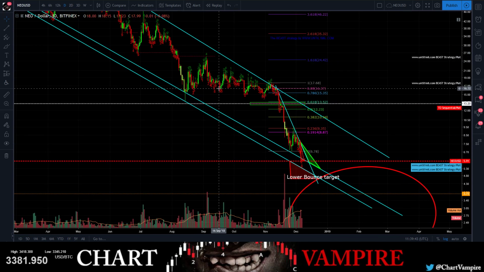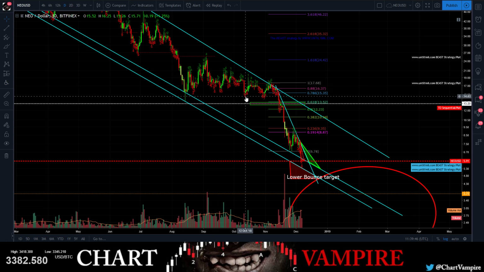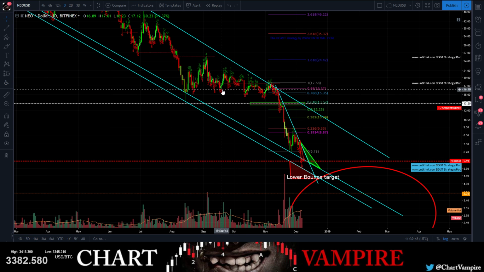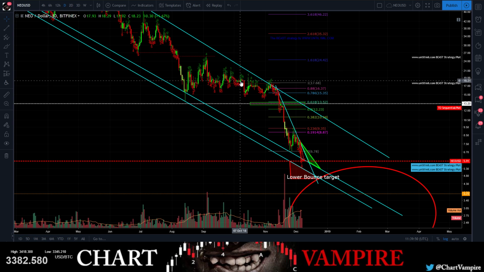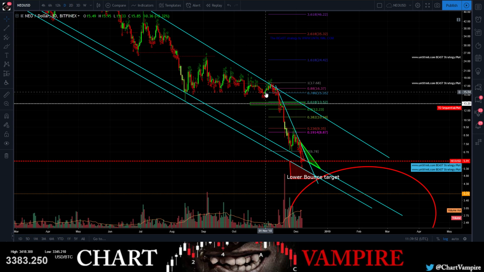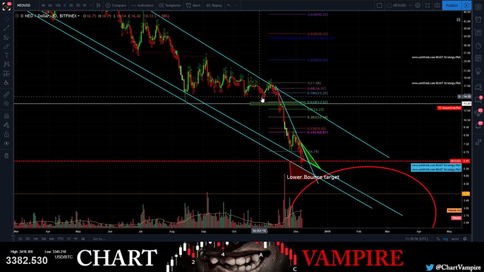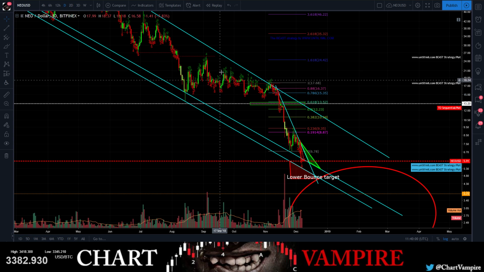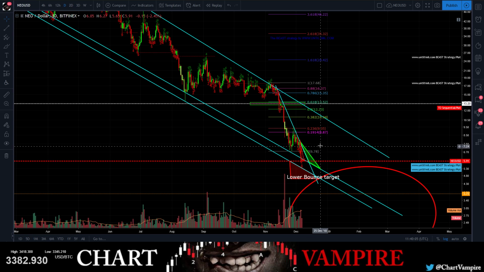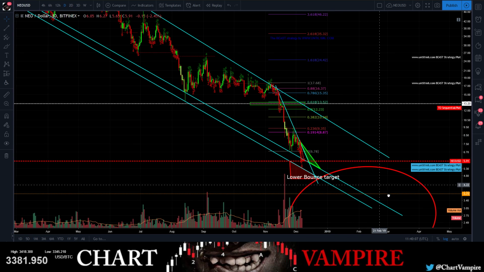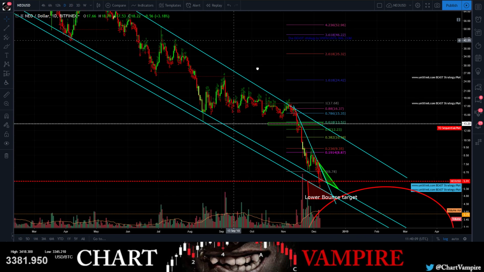That looks like maybe a 1, 2. This is wave 3, maybe a little bounce. Wave 4, 5. Look, the bounces are just not that high.